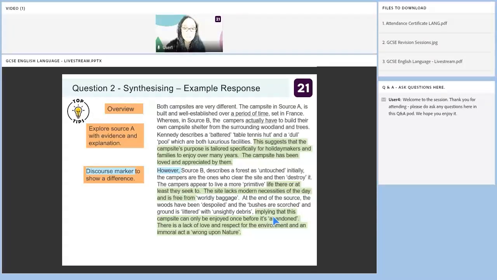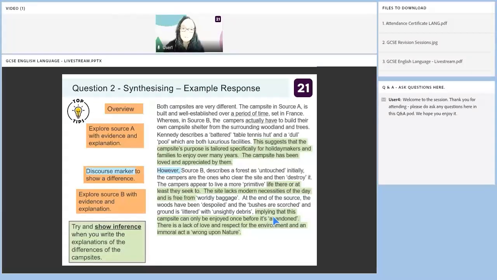And then they've explored source B, and they've given some short quotations for their evidence and an explanation that follows. Now, as you can see, the parts in green is where the candidate is showing inference. So when you're writing your explanations, try to infer as best as you can in relation to the question, and they're inferring the differences of the campsites.